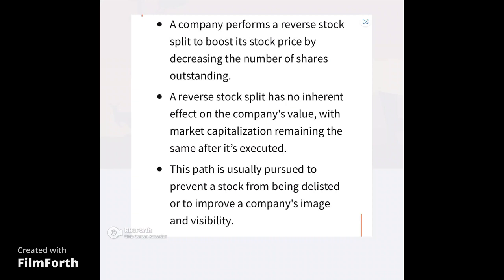But now the shorts managed to bring it down more, right? And they get it under $1 again. For a significant number of days, they get another letter of delisting. Now the company's forced to do another stock split. And it's a vicious cycle that is tough to get out of.